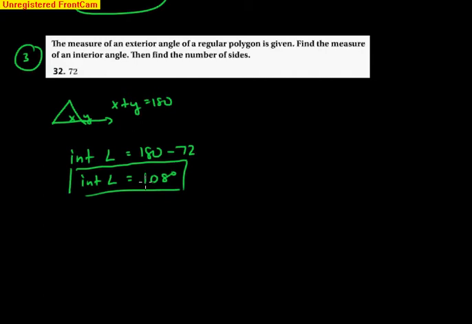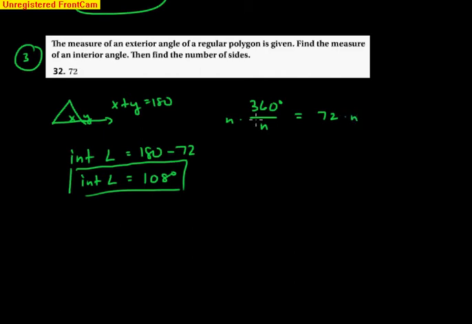So now, what is the number of sides? Well, we need to recall that the sum of the exterior angles is always 360. That's always the sum of the exterior angles. And if it's a regular polygon, there are going to be the same number of exterior angles as interior angles. Well, we don't know, so that's n, the number of sides. But we do know what this comes out to be because we are given the measure of each exterior angle. It's 72. So we solve this.